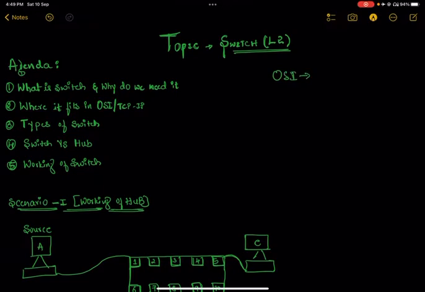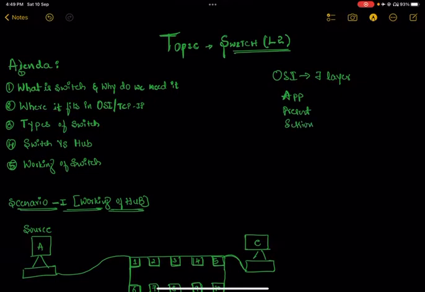OSI has 7 layers, right? You can start from bottom up or a top down approach. If you start from top down, the application layer is your first layer, and then we have the presentation layer, and then the session layer, right?